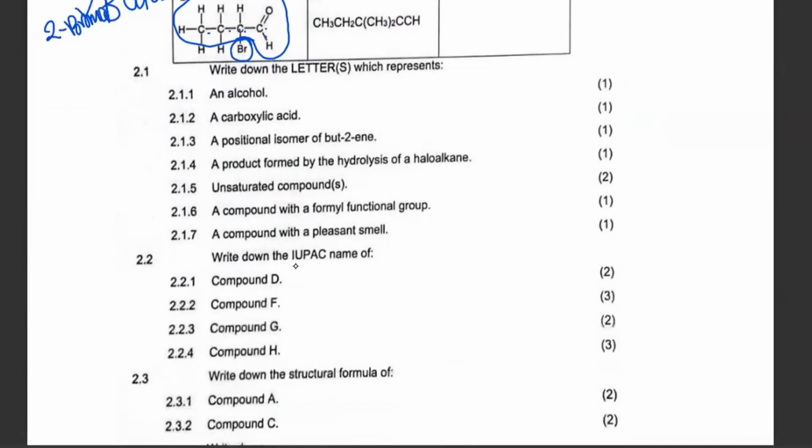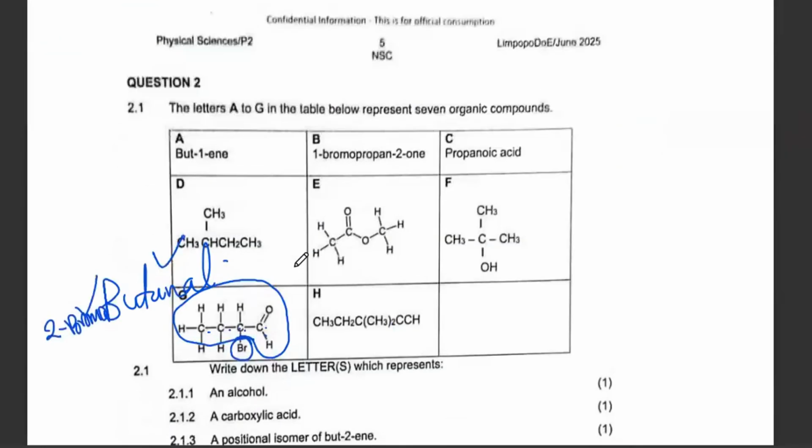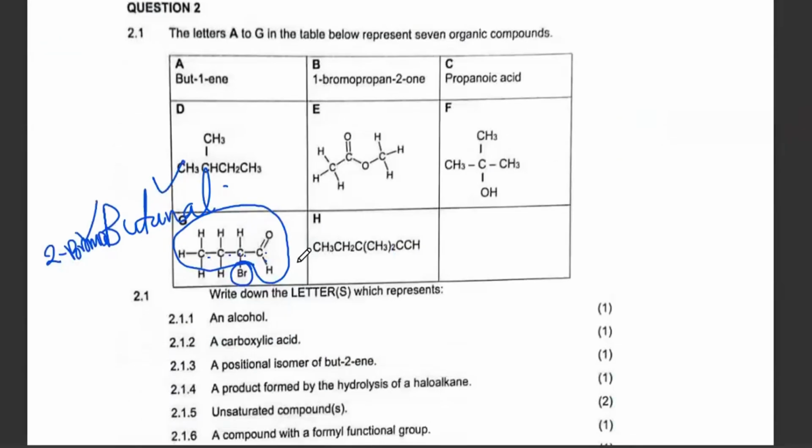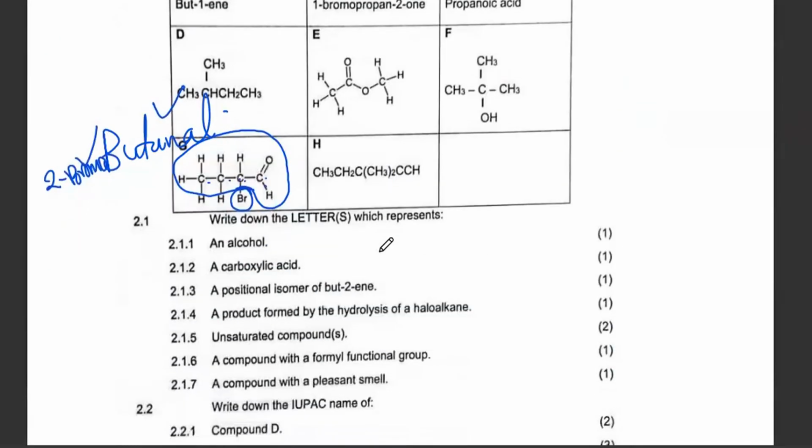So G is done. What is H? We go back to H. Okay, H, they're saying 1, 2, 3. Basically, this is CH3, CH2, C. This is a branch because there is no hydrogen here.